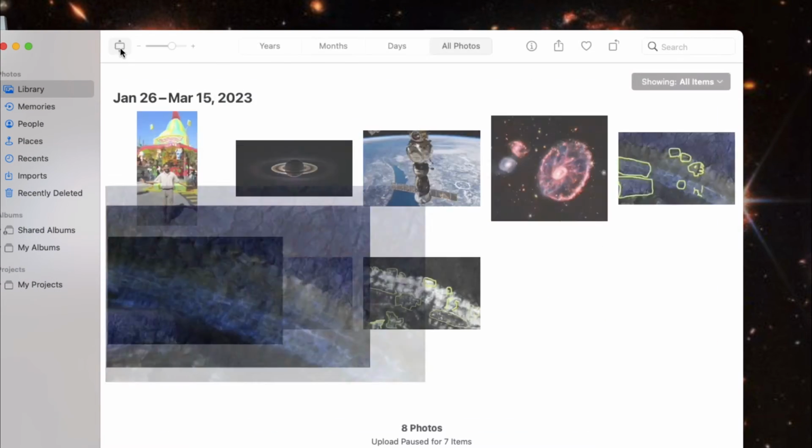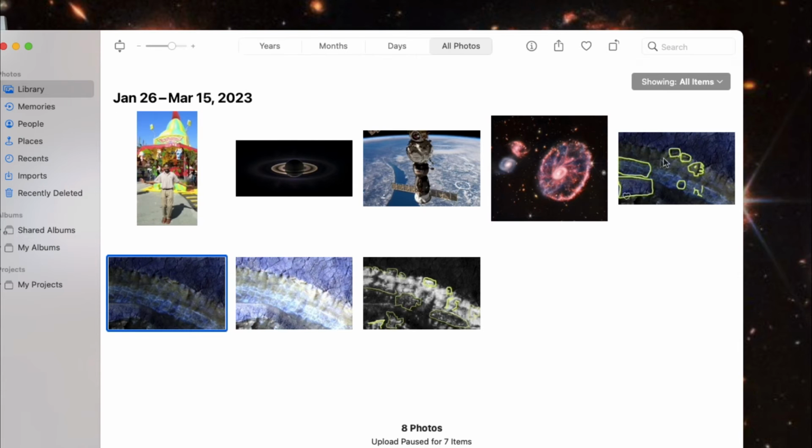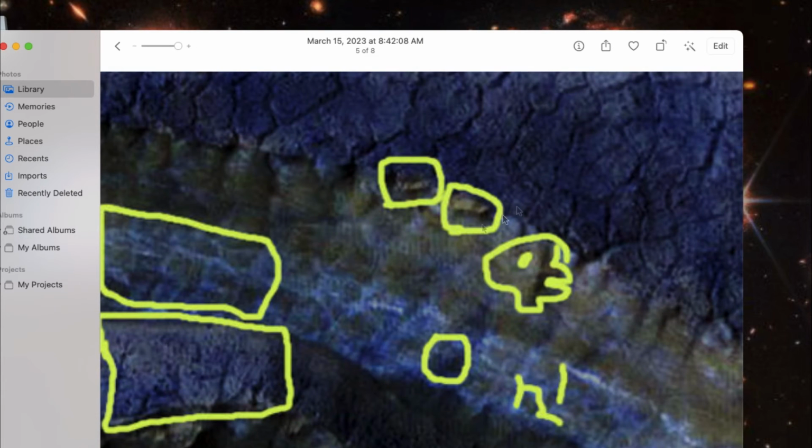Would these be dwellings, civilized dwellings? And these would be some of the areas to note with the highlighting. There are many, many more, of course.